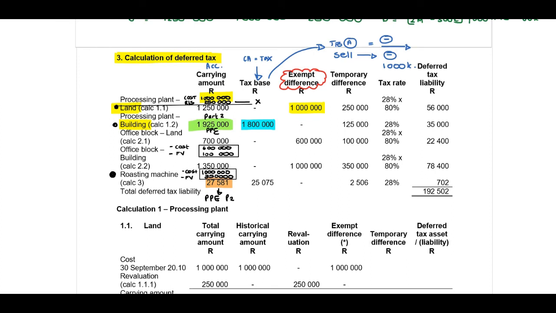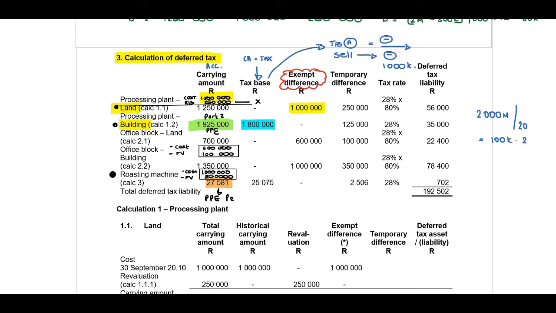We're able to remember that our cost is the 2 million. Therefore, divide this by 20 or times 5%, and this will be 100,000.